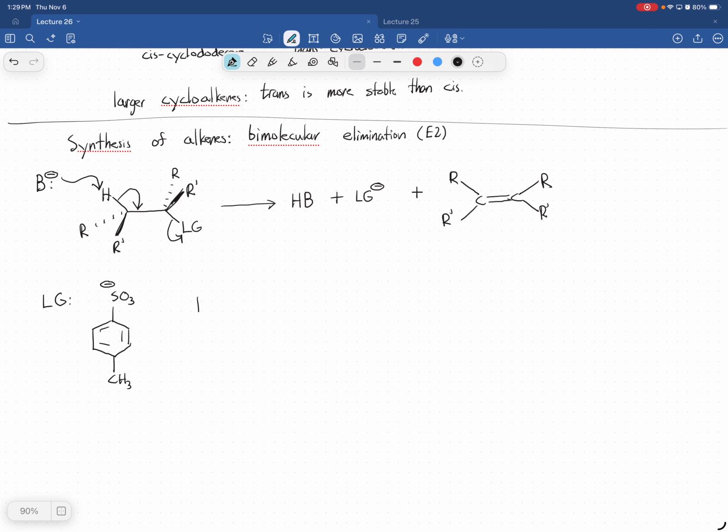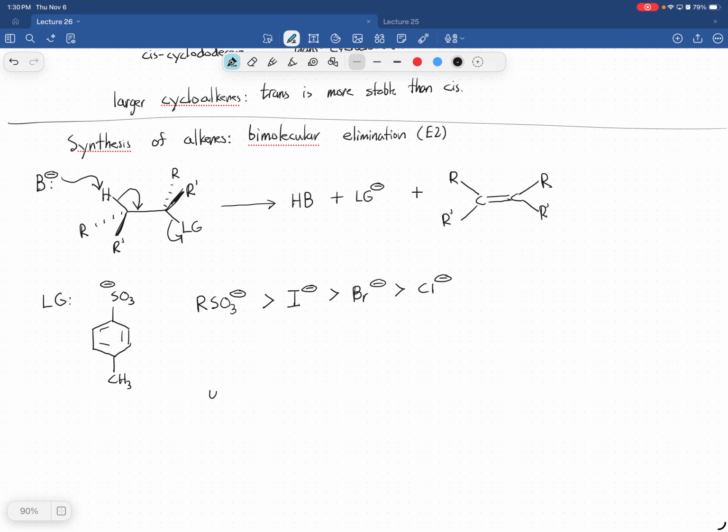They are typically better leaving groups because of their acidity. Then greater than iodine, bromine, and chlorine is the worst, but still pretty good.